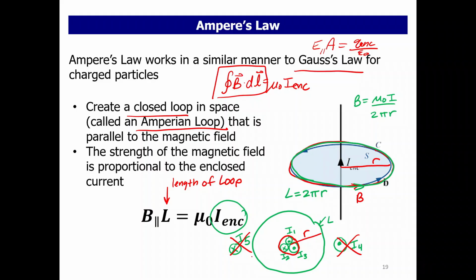To find the magnetic field B, I'd have to find my I enclosed. I would take I1 and I3 and add them together because they're both pointing out in the positive direction, and I would subtract I2. This would allow me to find, in a really simple way, the magnetic field if I knew the length of my loop and it was symmetrical around the center of those wires. I could find my magnetic field strength.